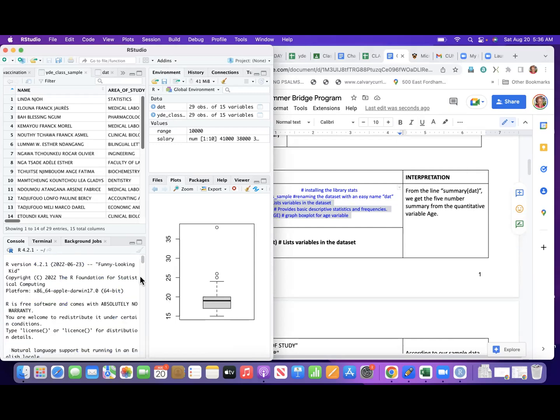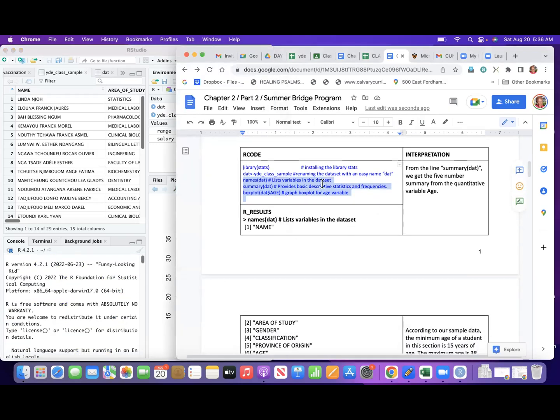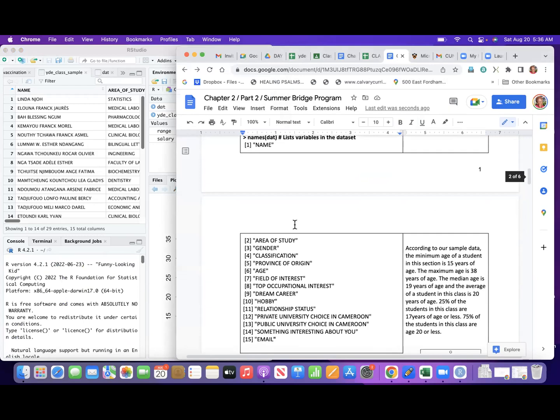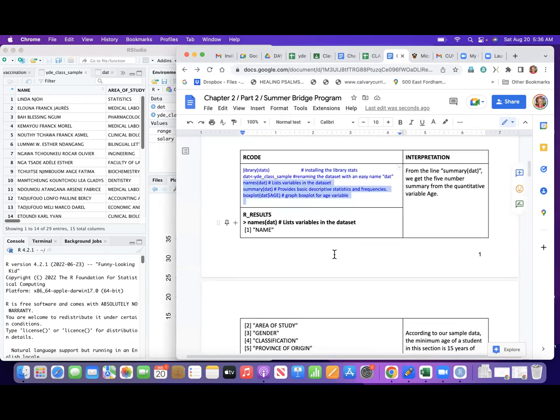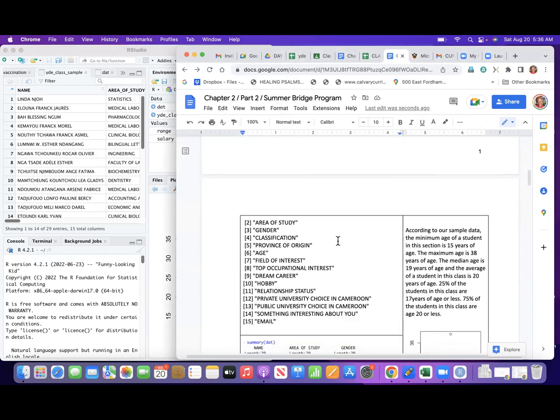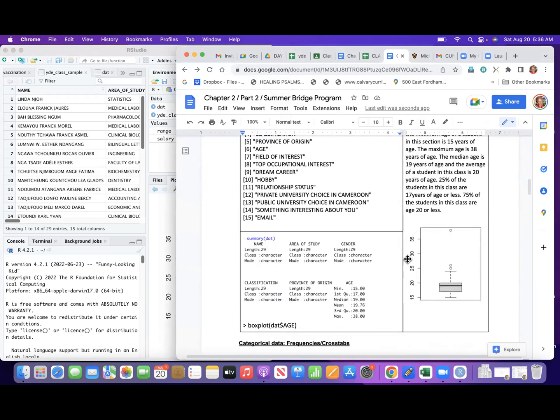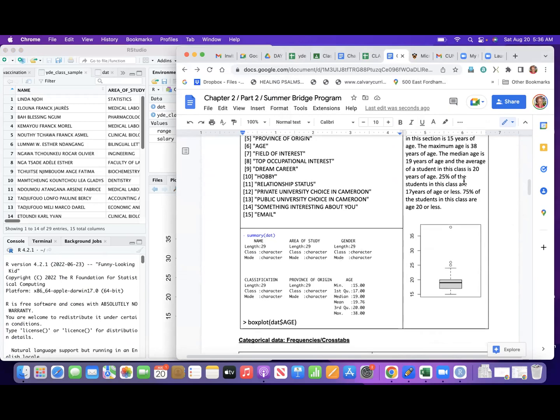So I'm going to send you guys to do this work, where you put the code in and make sure you get the same result as me, and you look at the interpretation. See, I interpreted it for you, the 5-number summary right here. Go ahead and interpret the max for me.